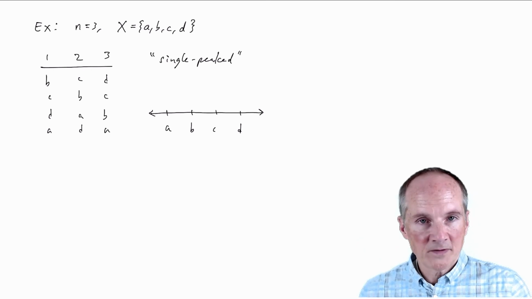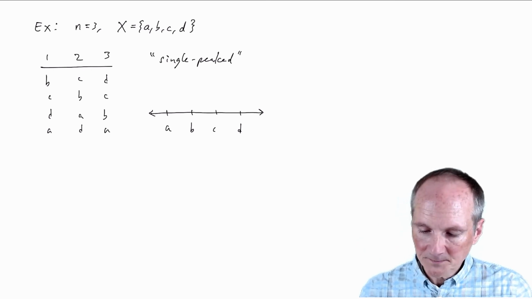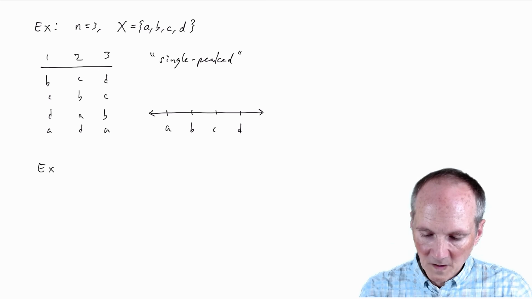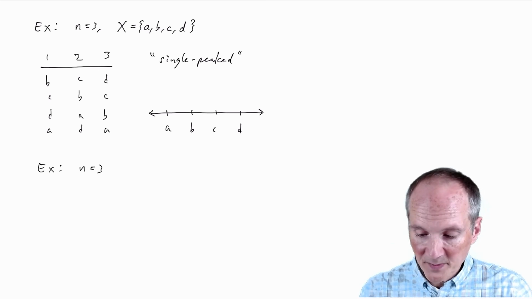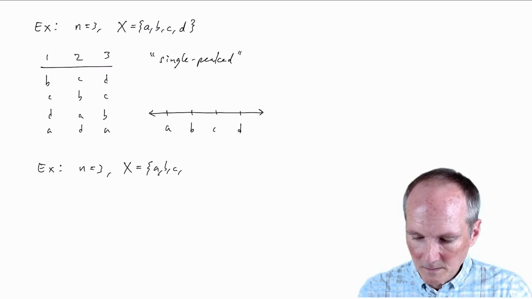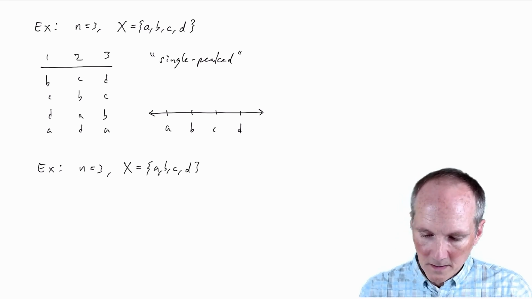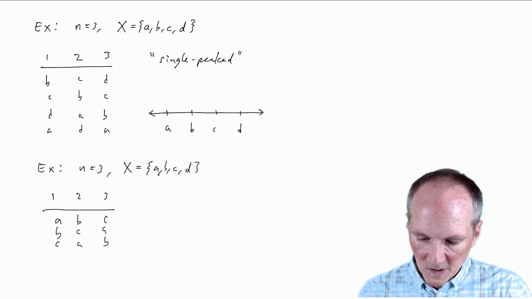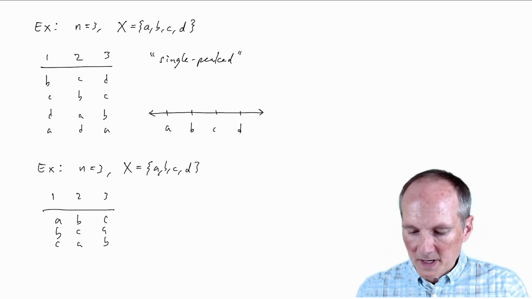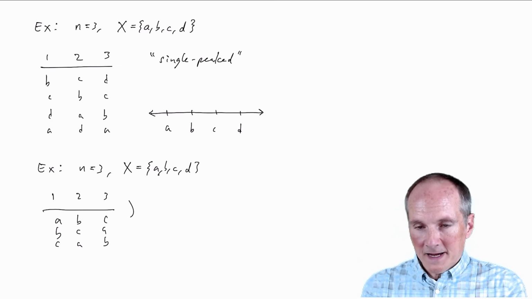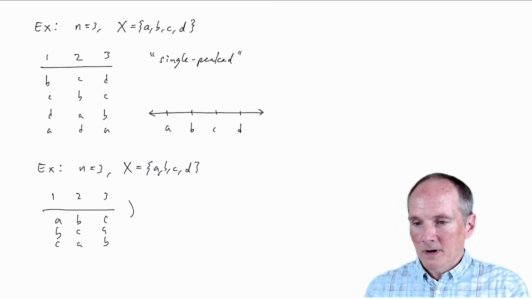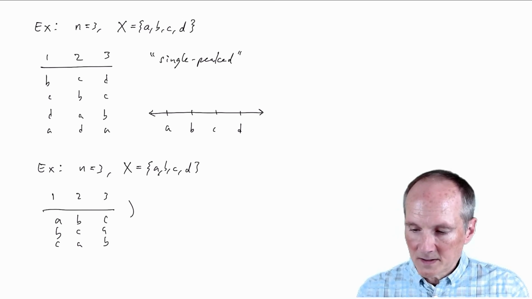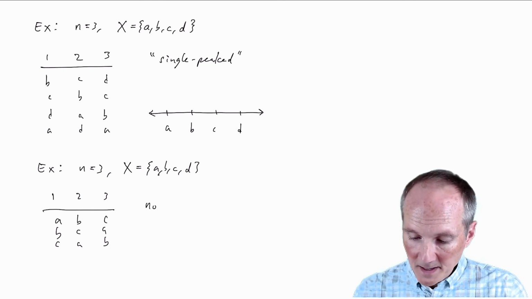But there are some preference profiles where you can't do that. The easiest example for me to pick is just the Condorcet paradox example. All right. Here, I can't put these down in any order on the line that will make this single-peaked. So this preference profile is not single-peaked.